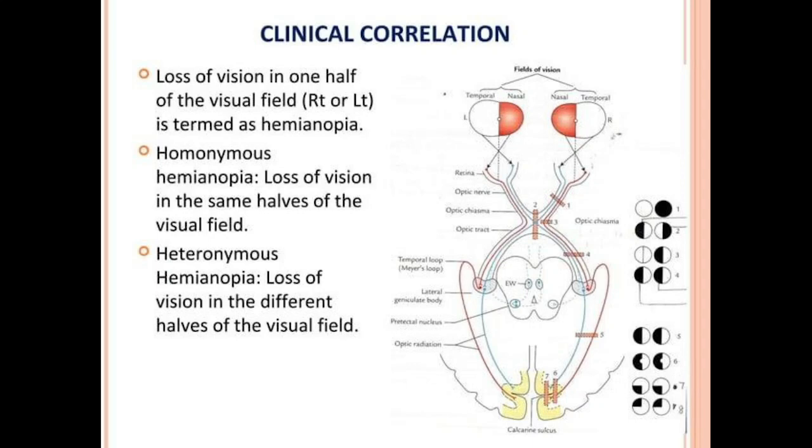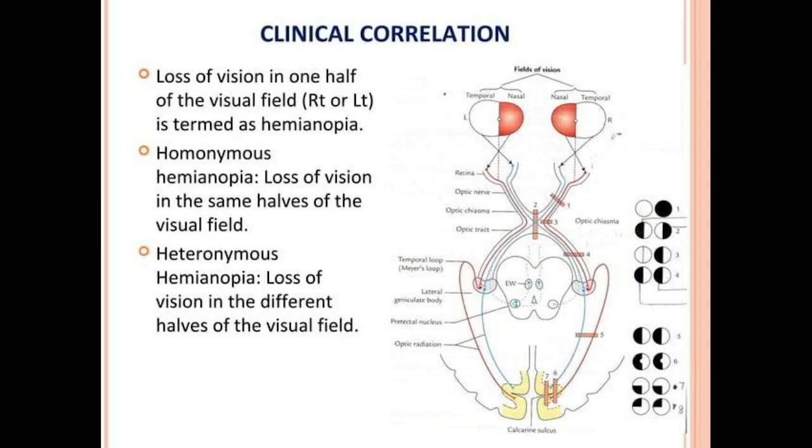Homonymous hemianopia is a condition in which a person loses vision in the same halves of the visual field of each eye. It is usually caused by damage to the brain, such as a stroke or head trauma.